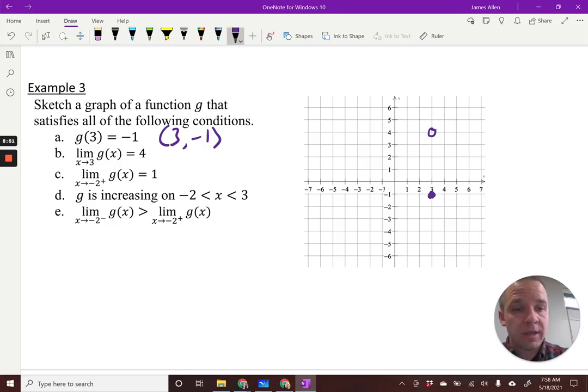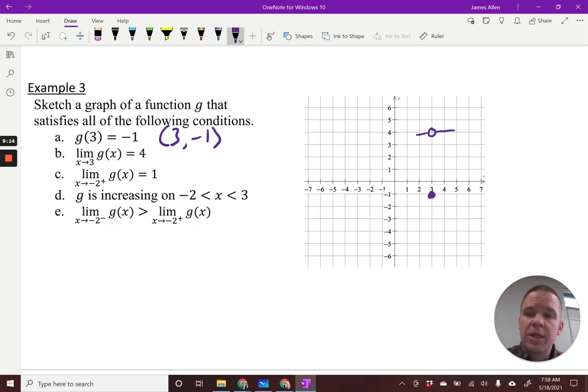So it could look something like this. This one could be going down. This one could be going up. I don't really know, but I'm just going to do this, out and out for now. We know it's going to continue on somewhere possibly. Maybe more of the puzzle will be filled in later.